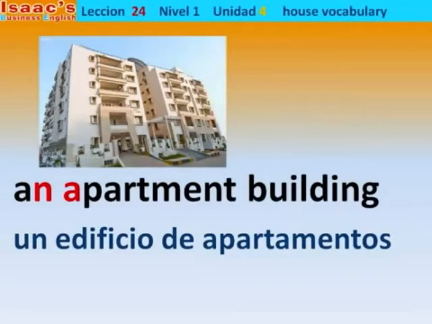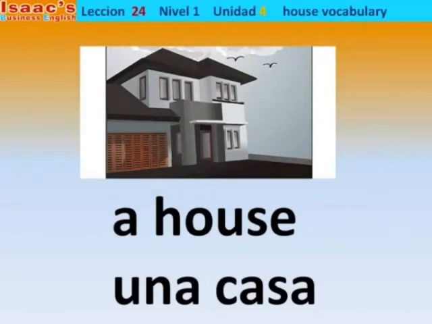An apartment building, un edificio de apartamentos. Noten que cuando un sustantivo empieza con una vocal, se le agrega una N después de la A. Entonces queda an apartment. A house. Una casa.